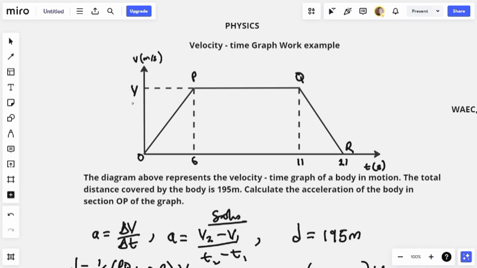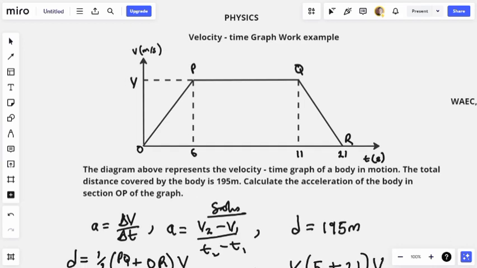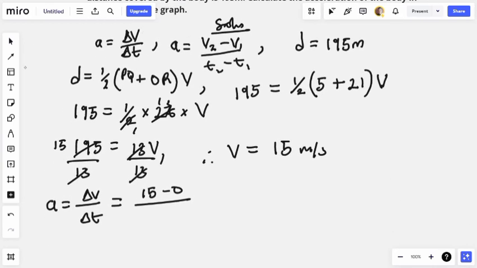So it will be 15 minus 0 over 6 minus 0, which equals 15 over 6.